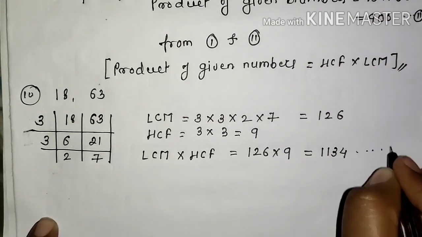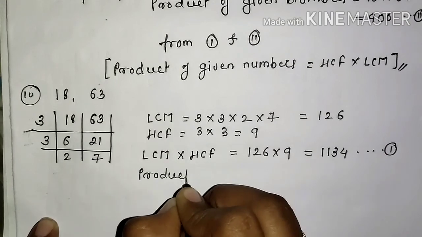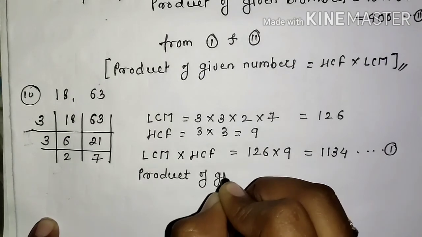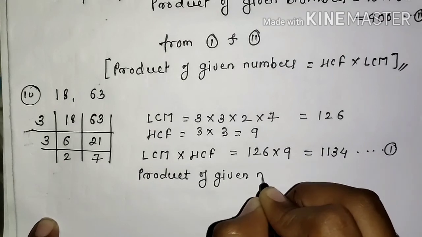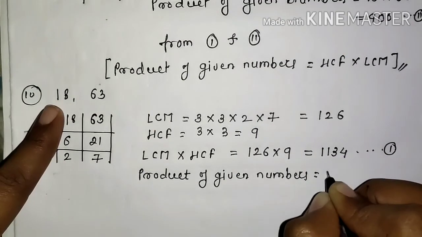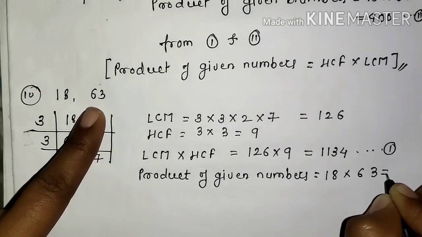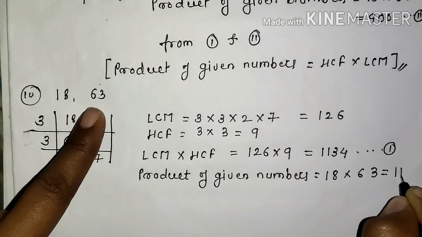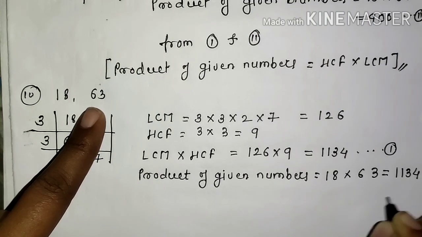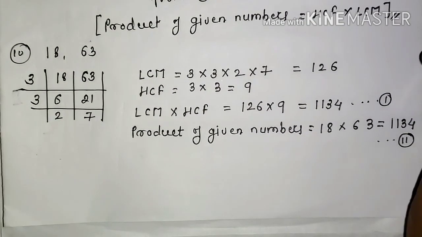Give it number 1. Product of given numbers is equal to 18 multiplied by 63, which is equal to 1134. So here we have equation number 2. So from 1 and 2, what can you observe?